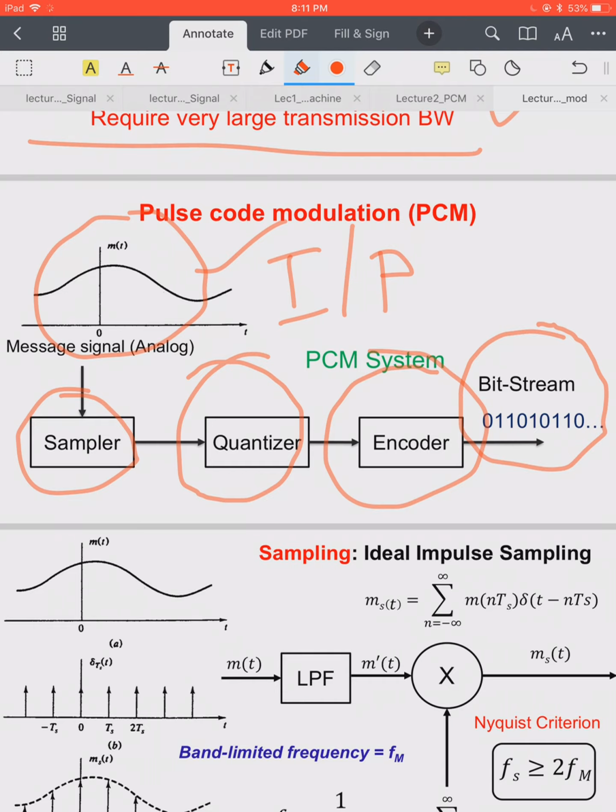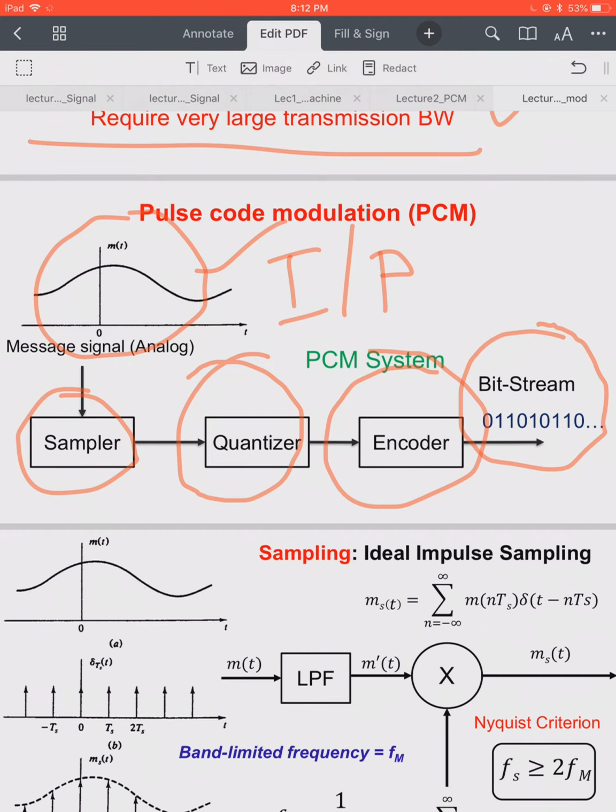Some of the things you already know from your digital signal processing class, particularly the sampling, which we already covered. But I will just give you an overview of the sampling process. Okay, so let's move on.